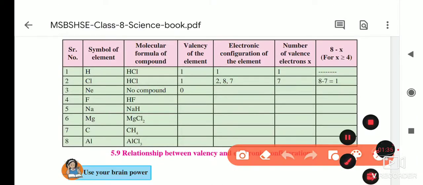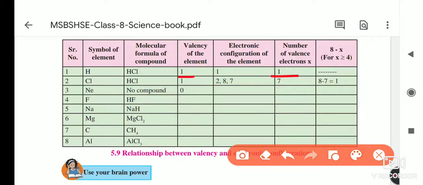For example, yesterday we had seen here it is 1, and here also 1. Sodium, I showed you yesterday: 2, 8, 1, because its atomic number is 11. So here it is 1, and this number is smaller than 4, so it matches with the valency.